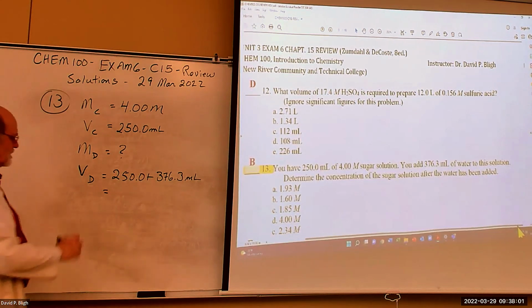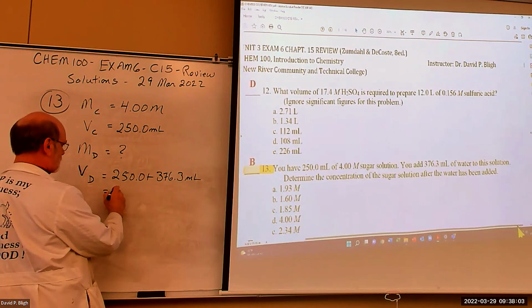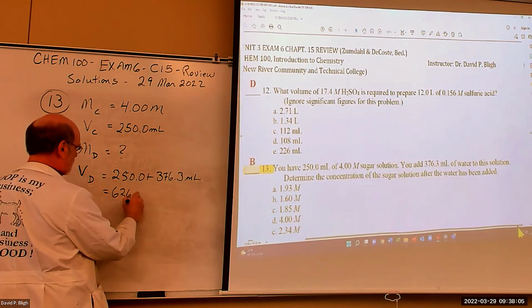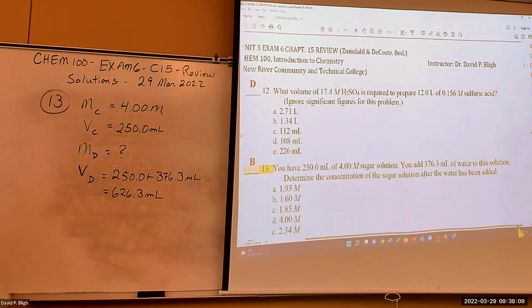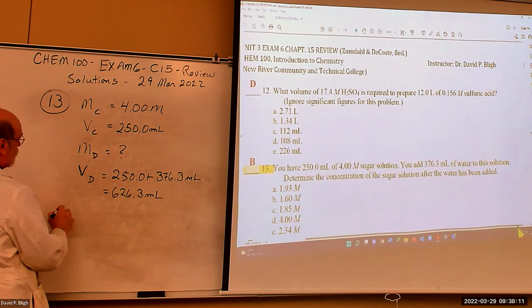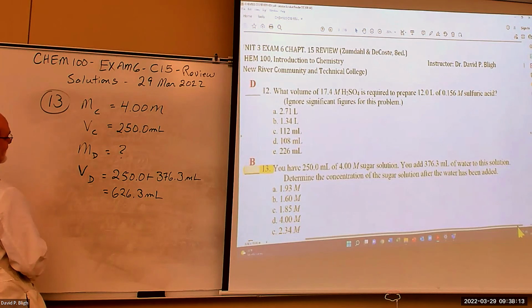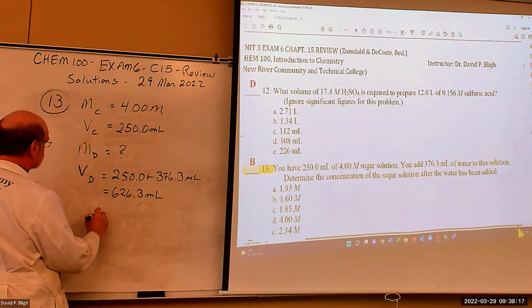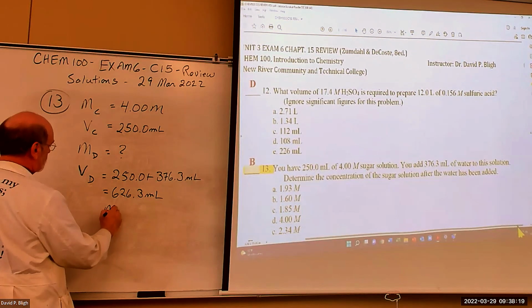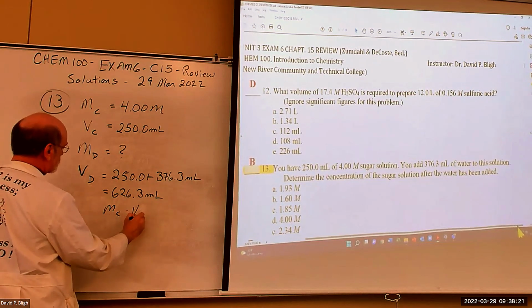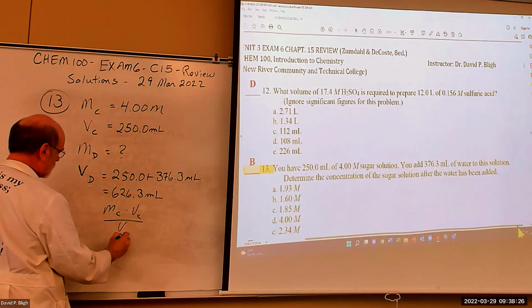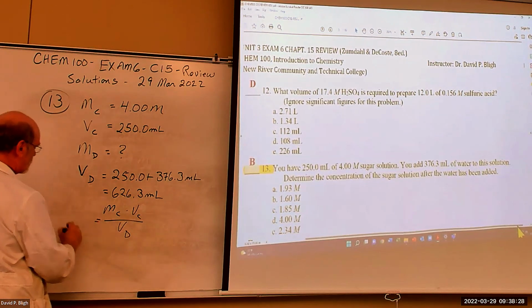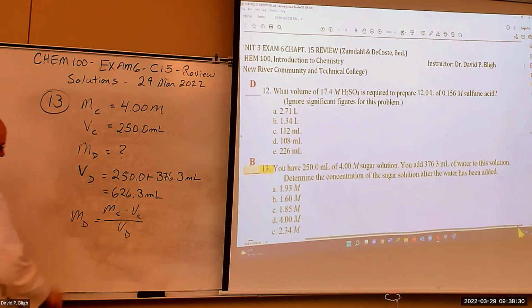You got that? 626.3. Now we can solve the problem. So let's see. This one times this one divided by this one is equal to the molarity of the dilute.